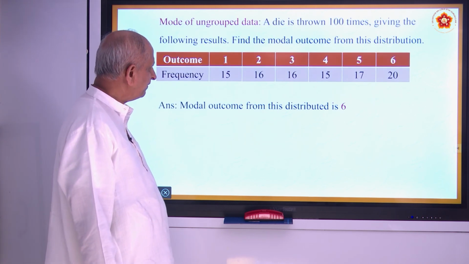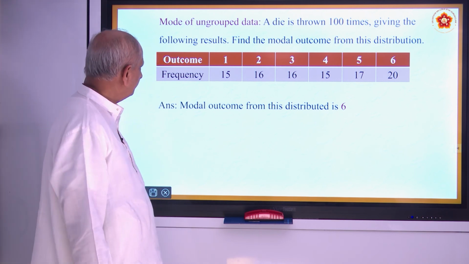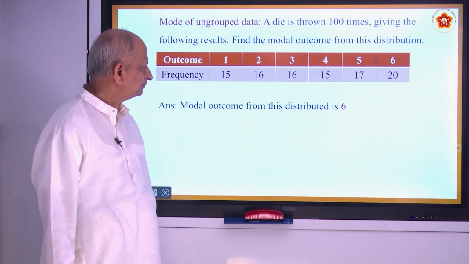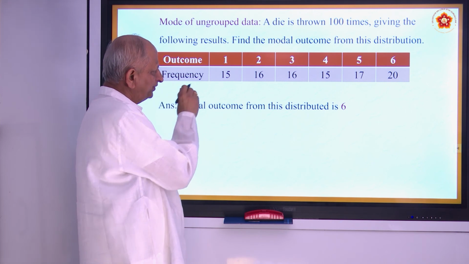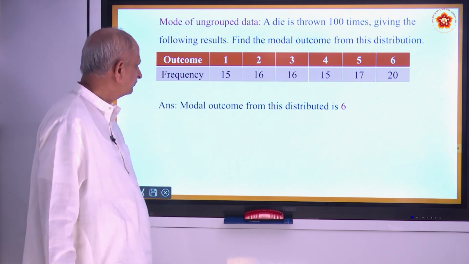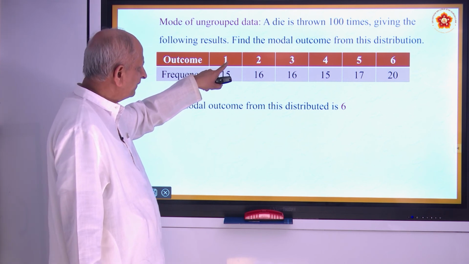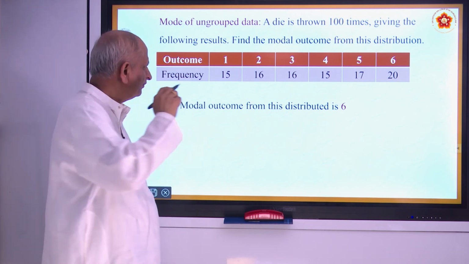Shall we move on to the next sum? A die is thrown 100 times, giving the following results. Find the modal outcome from this distribution. So you must see which is maximum. Here the number 1 on the die has come 15 times.